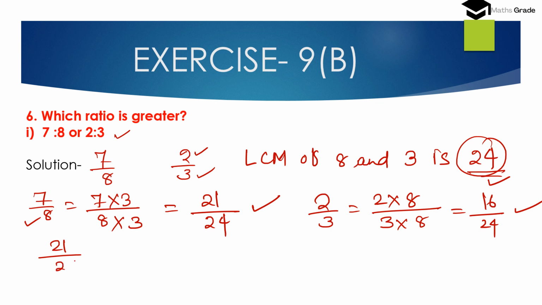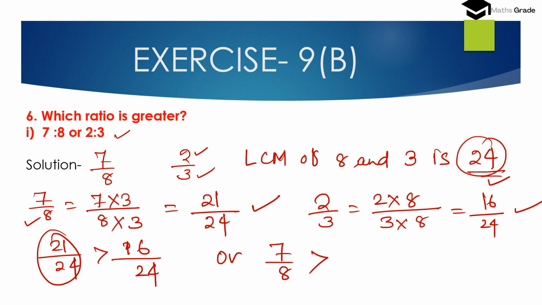So 21 divided by 24 is greater than 16 divided by 24, or 21 divided by 24, the equivalent ratio of 7 divided by 8, is greater than 16 divided by 24, the equivalent ratio of 2 divided by 3.